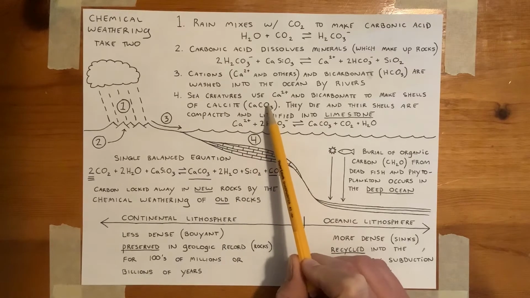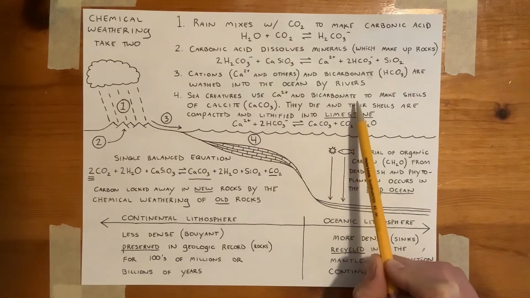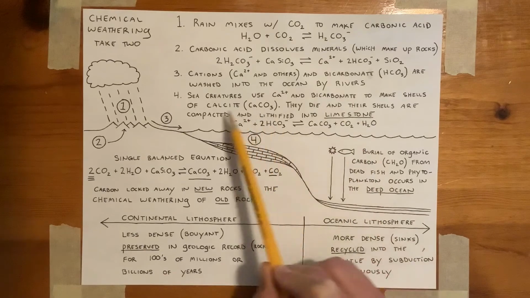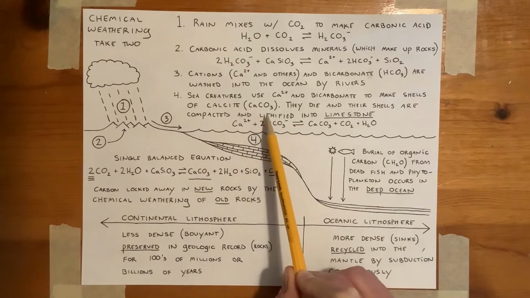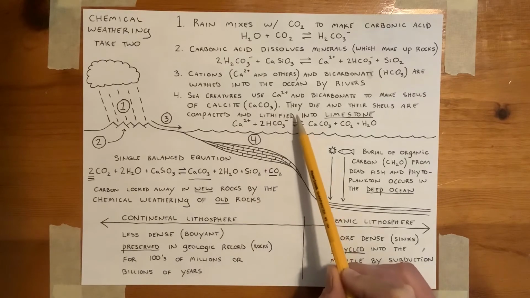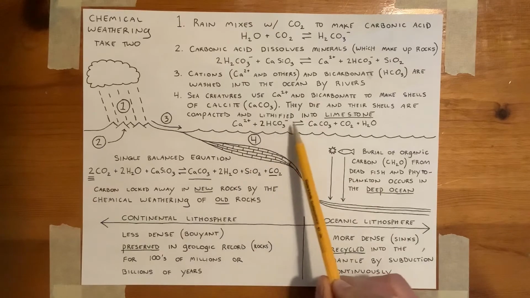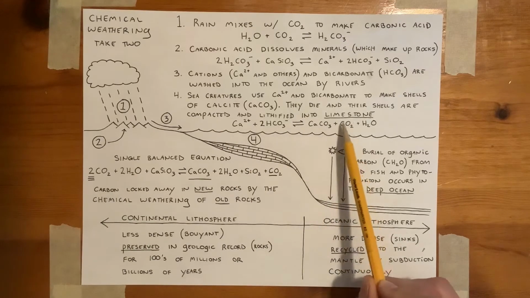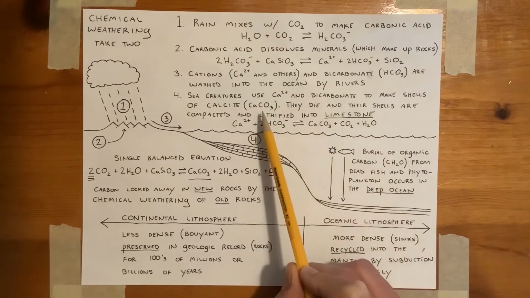Sea critters extract calcium and bicarbonate from ocean water to make shells out of the mineral calcite, CaCO3. Ultimately, those critters die, and their shells get compacted and lithified and turned into the chemical sedimentary rock limestone, which is basically nothing but calcite.